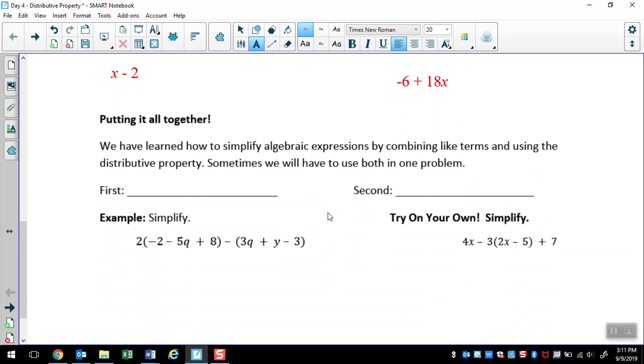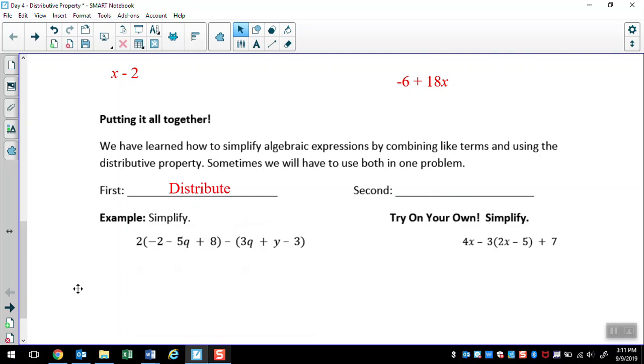All right, let's put it all together. So the very first thing we should do when we're looking at a multi-step simplification problem is to distribute. Once we've done any distributing, then we can look at combining like terms. So first step, distribute. Second step, combine those like terms. All right, so let's take a look at what we have to distribute. I actually have two sets of parentheses. So I'm going to look at the first set, and the number stuck on the outside is that 2.